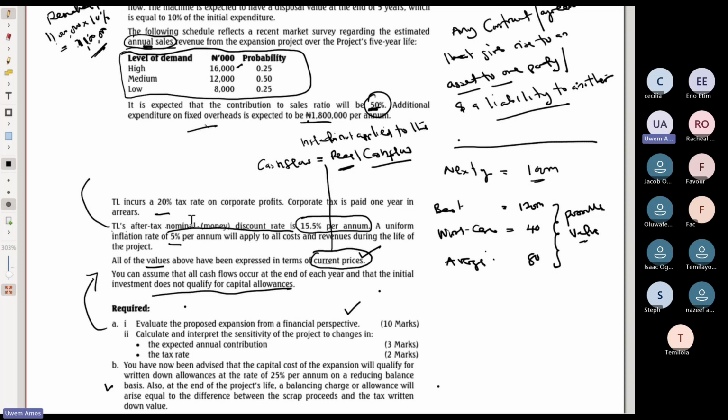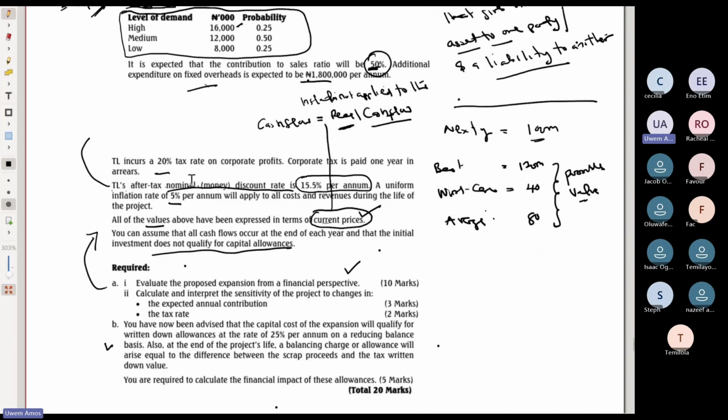You can assume that all of the cash flows occur at the end of each year, and that the initial investment does not qualify for capital allowances. Required: evaluate the proposed expansion from a financial perspective. That's A1. 2, calculate and interpret the sensitivity of the project to changes in expected annual contribution and the tax rate.